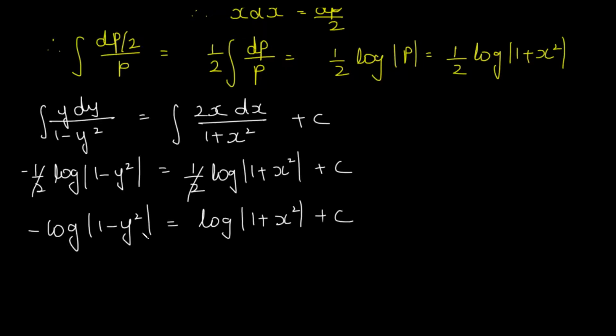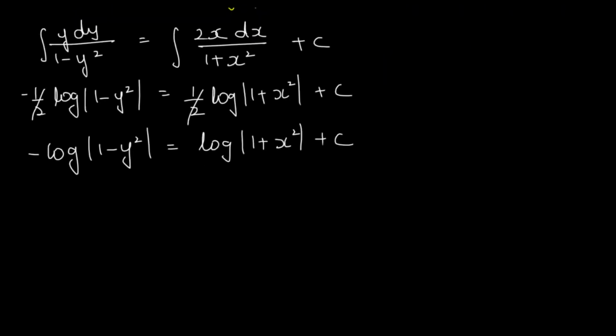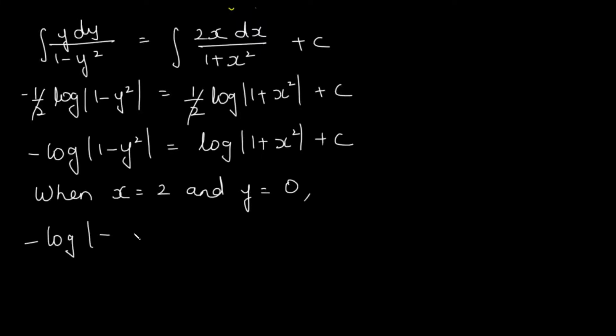Now the next step is to put the values of x and y over here and find the value of c first before getting the final answer. So particular solution we have to get, remember that. So for that, when x is equal to 2 and y is equal to 0, we get minus log of 1 minus 0 square is equal to log of 1 plus 2 square plus c.